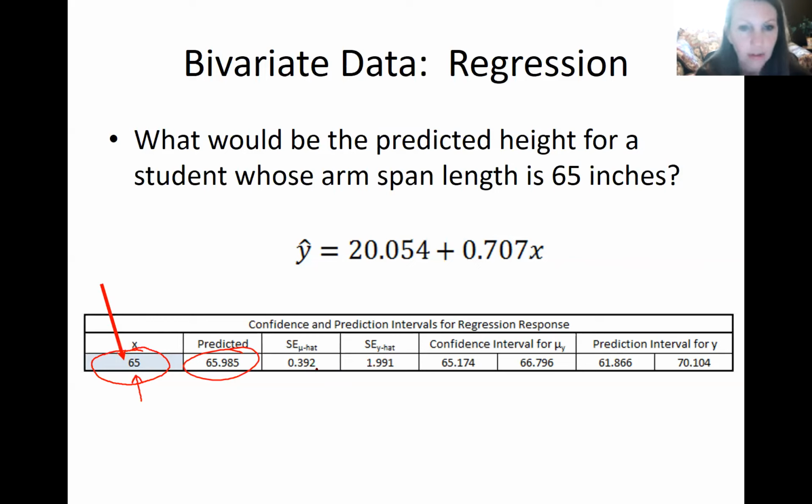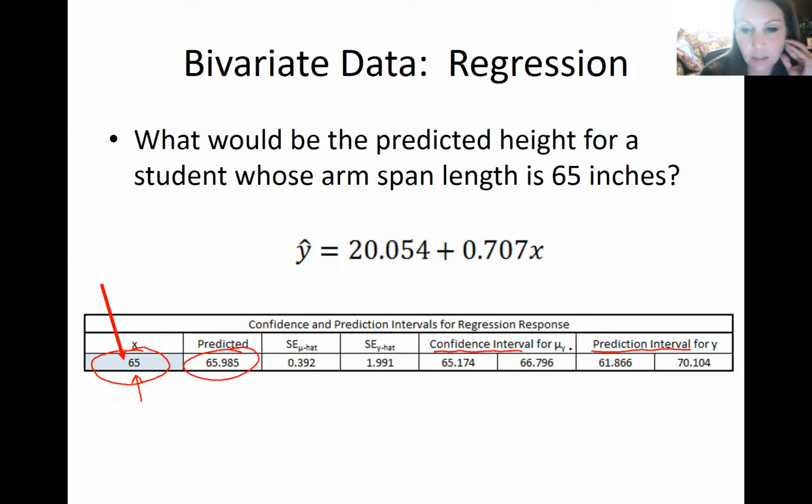All right, and some other things that this will also give us are some confidence intervals for the prediction. There are 2 different intervals that it gives us. It's going to give us the confidence interval for the prediction, that's this first set here. And then it also gives us this thing called a prediction interval.